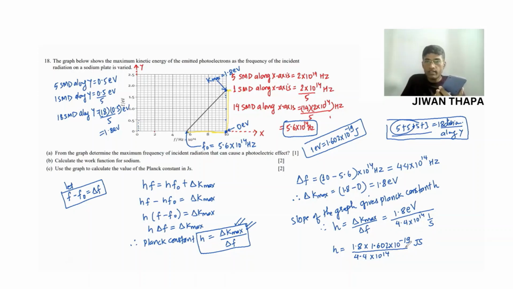We get h equals 6.55 into 10 to the power minus 34 joule second.